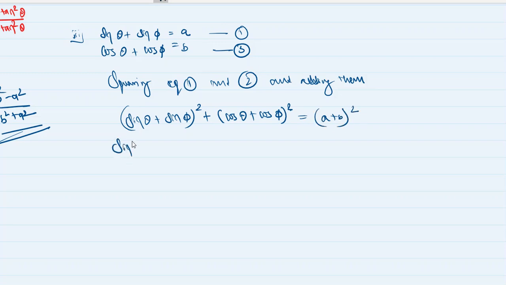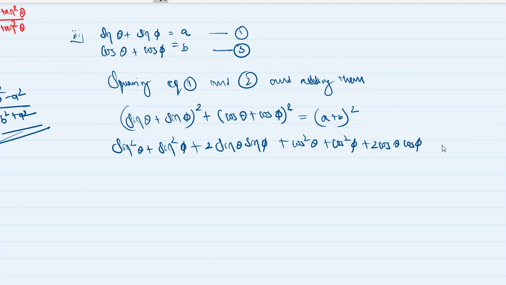So we have sin square theta plus sin square phi plus 2 sin theta sin phi plus cos square theta plus cos square phi plus 2 cos theta cos phi.